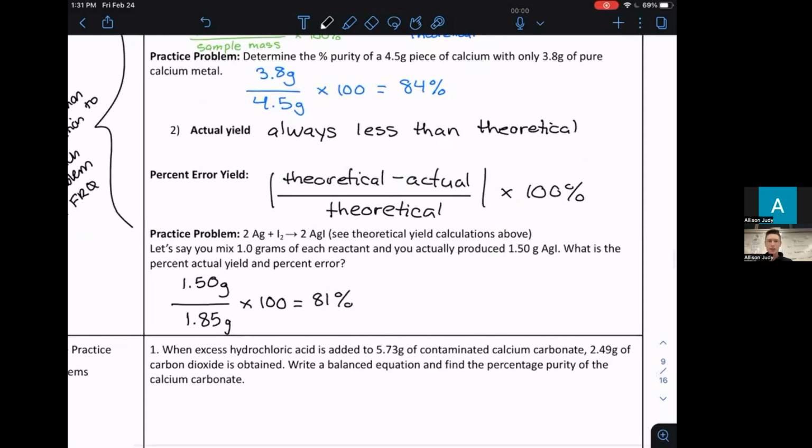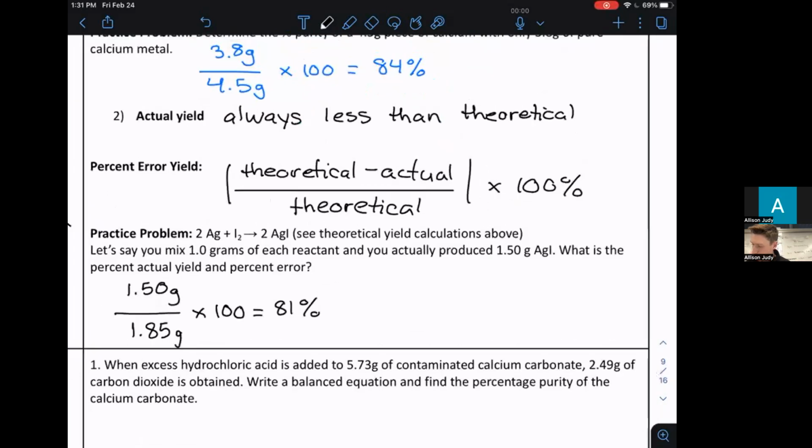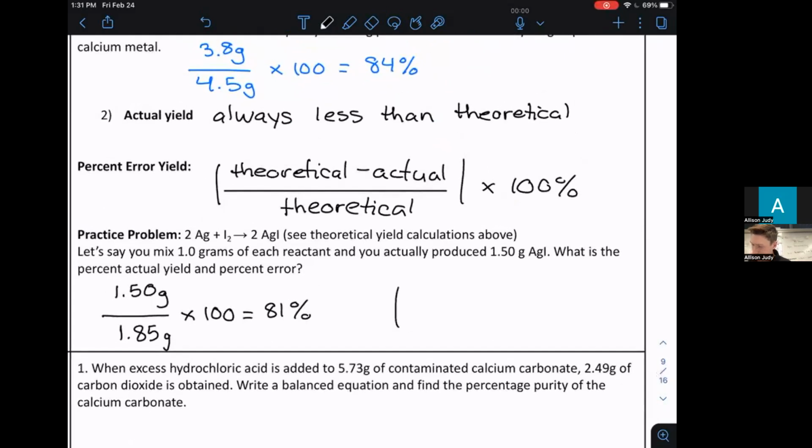And then it's asking us also to find the percent error. So we're going to use this formula above. We have the absolute value of our theoretical, which is 1.85 grams, minus our actual, which is 1.5 grams, over our theoretical again, 1.85 grams, times 100.